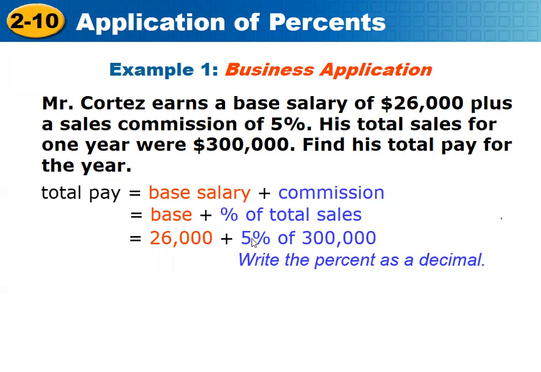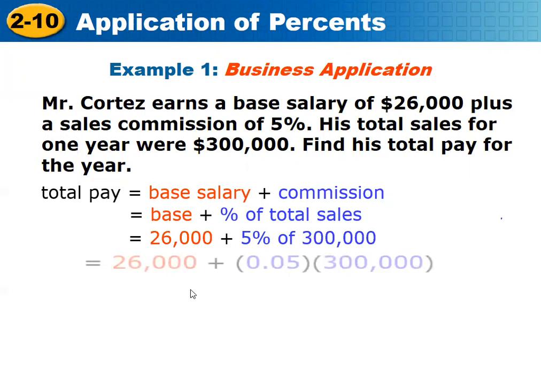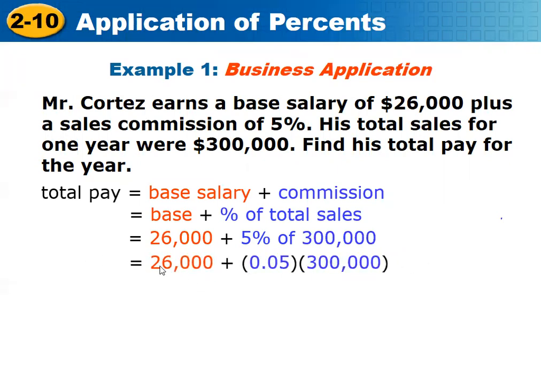Someone can say, I couldn't see the decimal point, but I said it's there, it's just invisible. It's after the number, so we are going to move 2 digits. So we will convert 5% to 0.05. Now I have 26,000 plus 0.05 times 300,000.